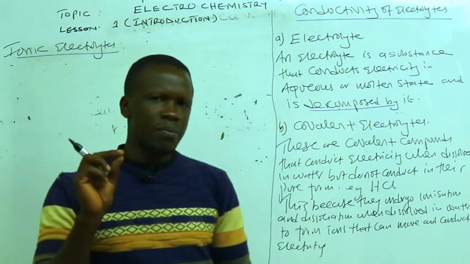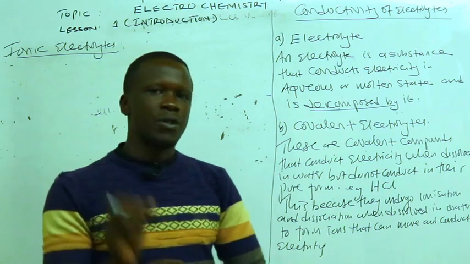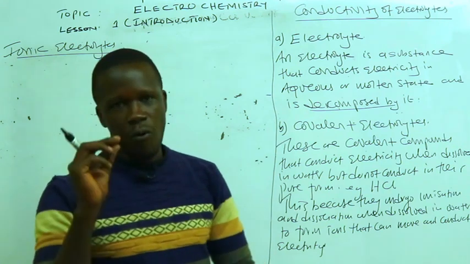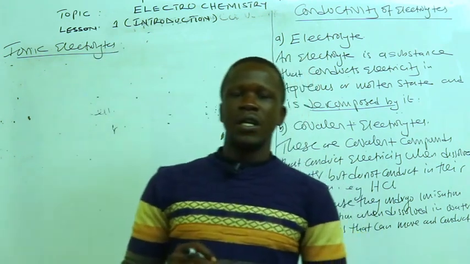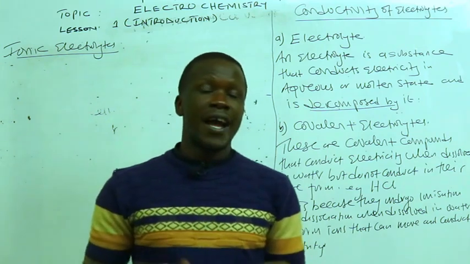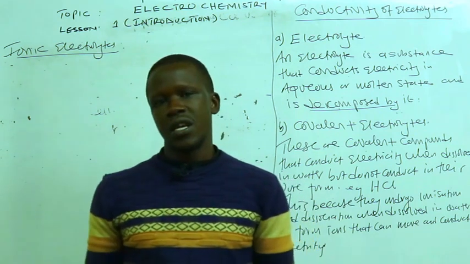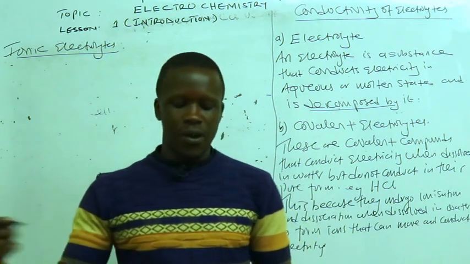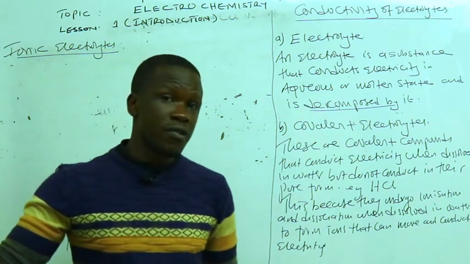However, when this compound is heated and undergoes the process of melting and we acquire a molten state of the compound, then the ions are free because some ionic bonds have been broken. And once the ions are free, they can conduct electricity because of the ability of the ions to move.